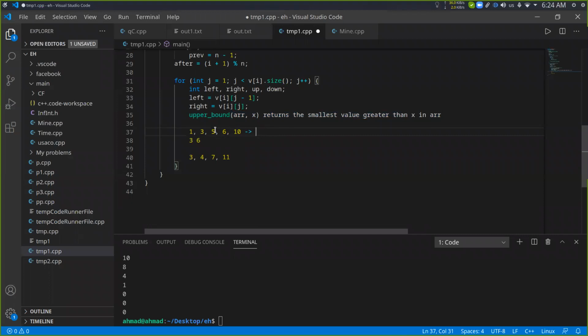So let's say the index of 10 here is 5, and the index of the first smallest value greater than 3, which is 5 here, will be 3, right? Then I'll subtract 3 from 5, which is 2, but then I get 1.